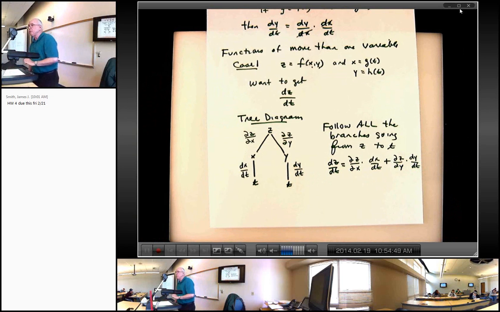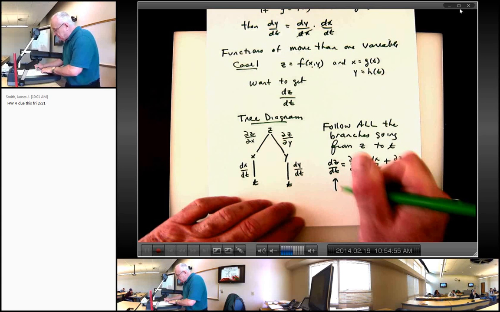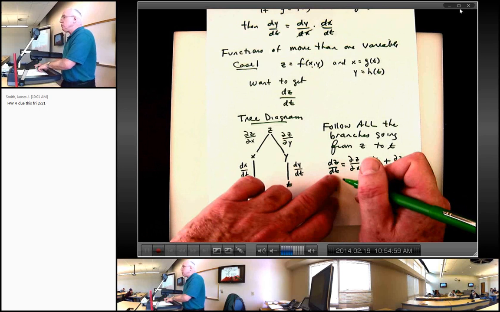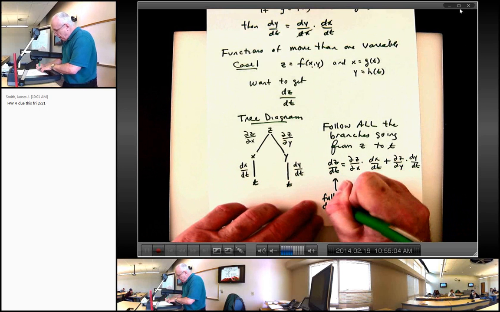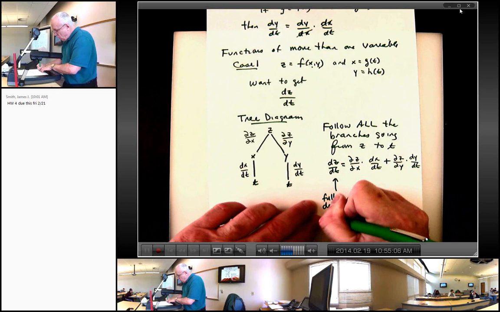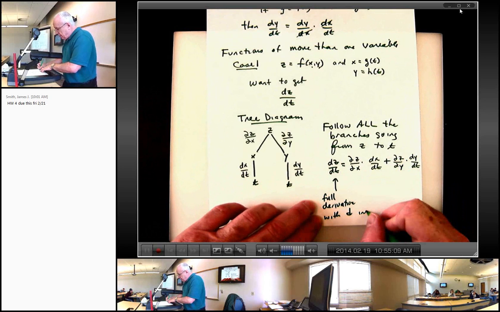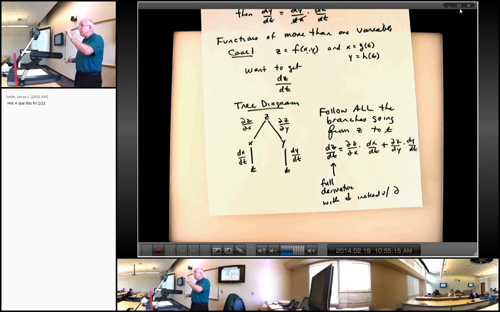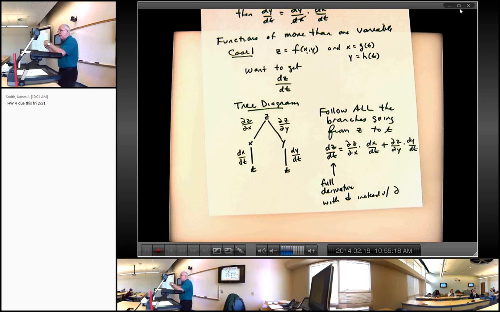That is our chain rule of that derivative. Notice here that this is a full derivative with d instead of the partial symbol, because ultimately we only end up with a single variable t.